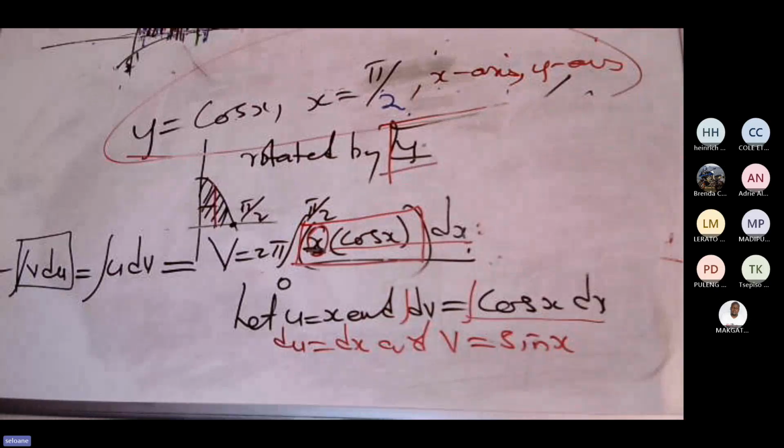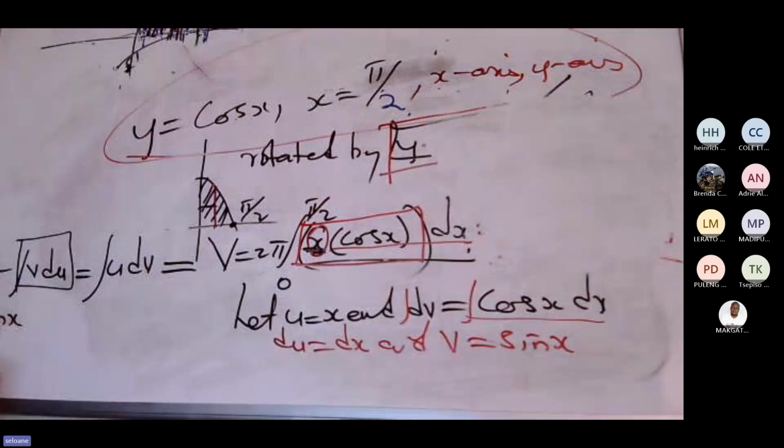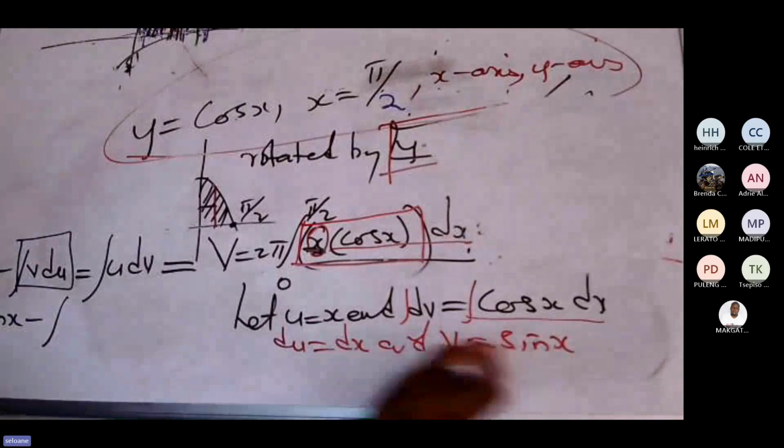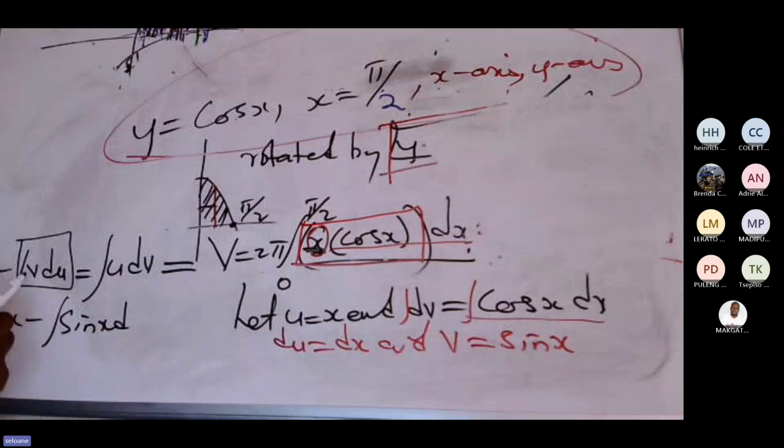What is uv? u is x, and v is sine x from here. Then it will be minus the integral of what? v is sine x.